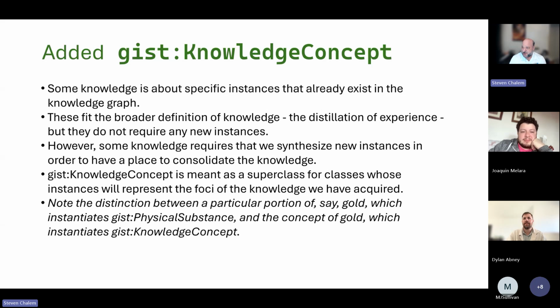Some knowledge is about specific instances that already have a place in a knowledge graph, but some things don't. Another example here is gold. We've got a particular gold coin or a particular vessel of molten gold, and those fit the definition of a physical substance, gold.